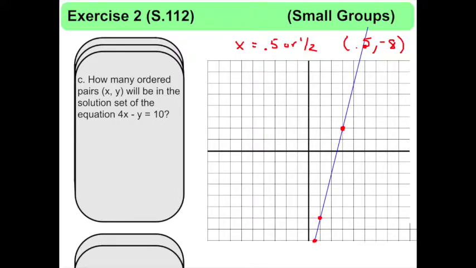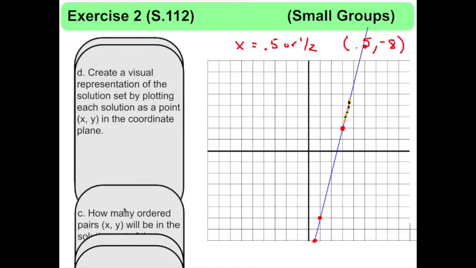Well, it comes down to the idea that I can put points infinitely many times on this blue line, and even in between these orange dots, I can add more dots until ultimately we would create that line. And so that's where the idea of all solutions being all real numbers comes from.